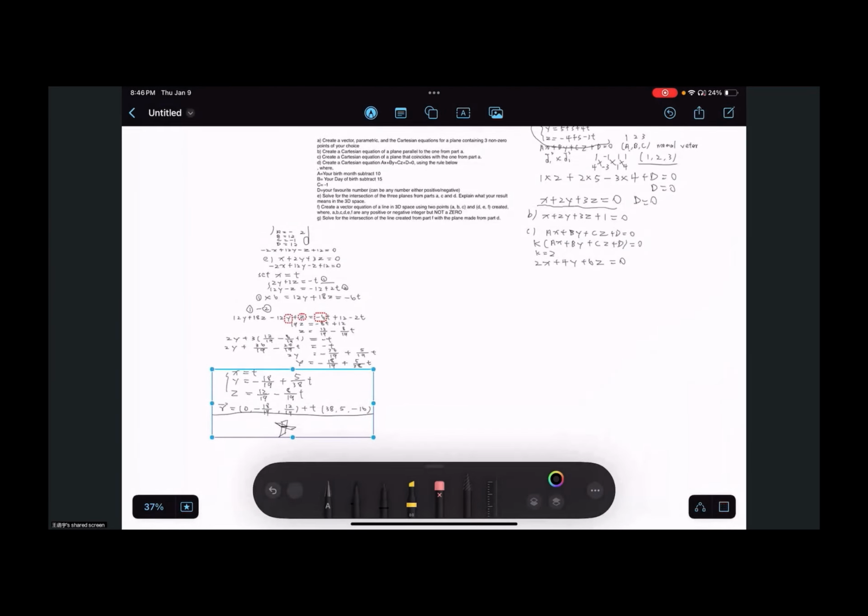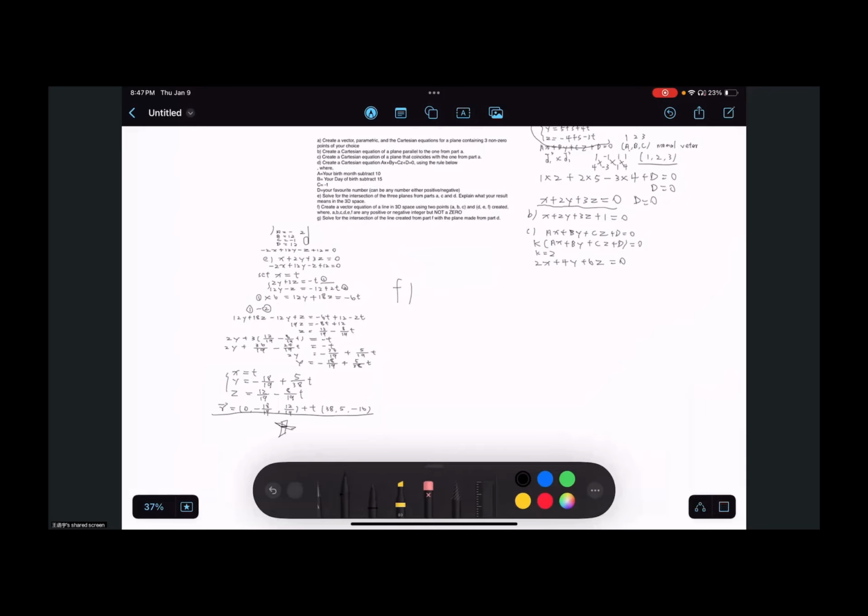So after question E is question F. It says create a vector equation for a line in 3D space using 2 points A, B, C, and D, E, F, where A, B, C, D, E, F are any positive or negative integer, but not zero.